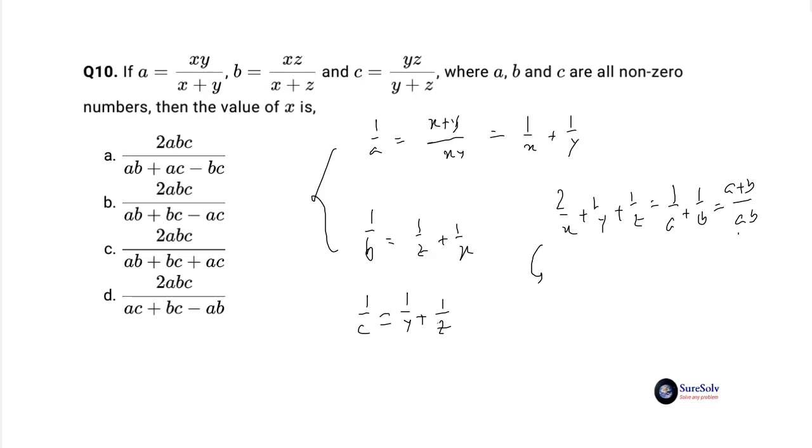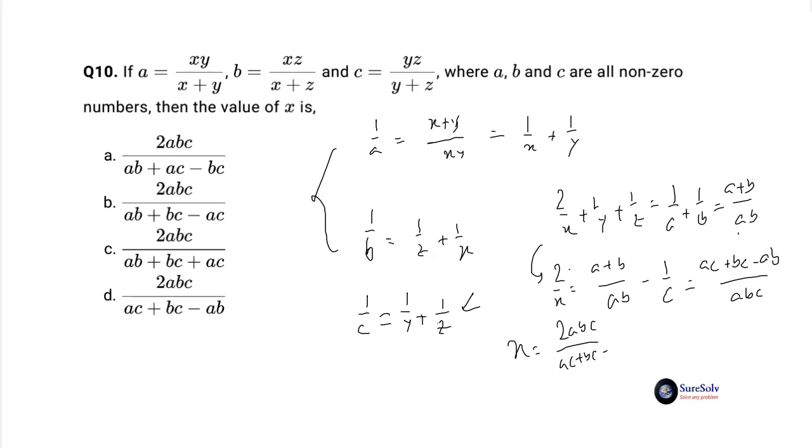In this equation, we will substitute the value of 1 by y plus 1 by z from the third equation to get 2 by x equal to a plus b by ab minus 1 by c equal to ac plus bc minus ab divided by abc. Invert, take 2 on the other side, you will get x equal to 2abc by ac plus bc minus ab. Answer is option D.